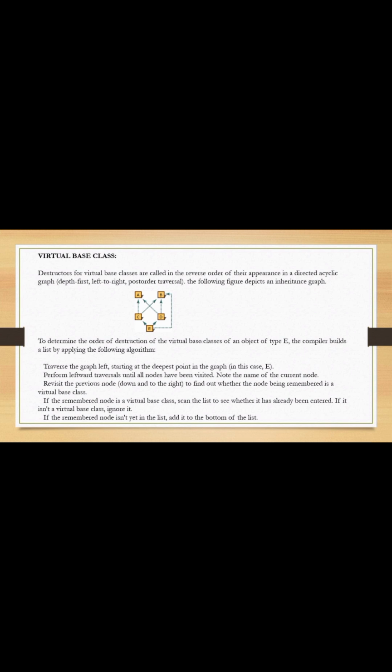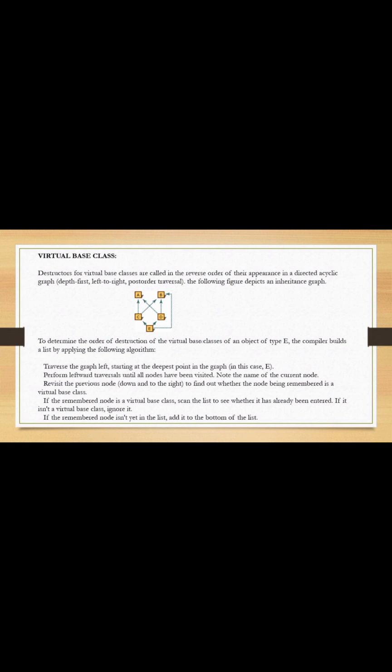To determine the order of destruction of the virtual base classes of an object of type E, the compiler builds a list by applying the following algorithm. Traverse the graph left, starting at the deepest point in the graph, in case E. Perform leftwards traversal until all nodes have been visited. Note the name of the current node.